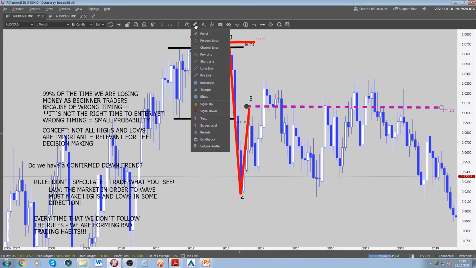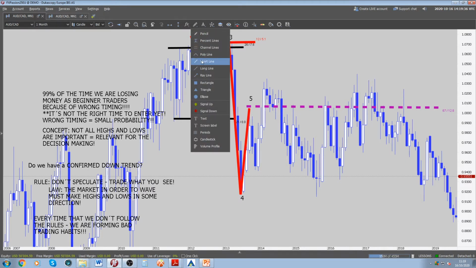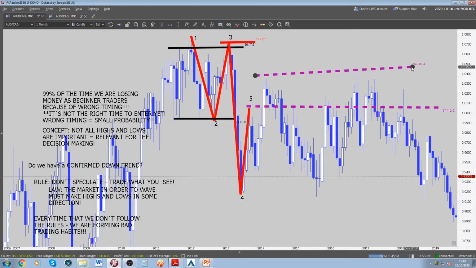How many times would we be stopped out if we put our stop loss above the high? Above the high, stopped out once. Above the high, stopped out twice. It depends really when we would enter, but we were stopped out here.